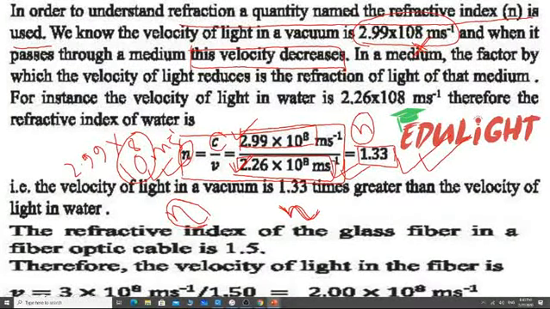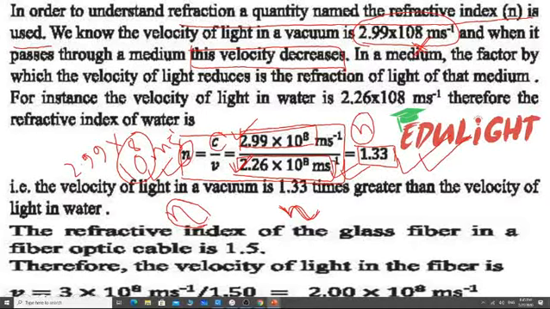That means refractive index denotes how much the velocity of light in that medium is reduced. We can define refractive index such that the velocity of light in any medium will be n times smaller than the velocity of light in vacuum.